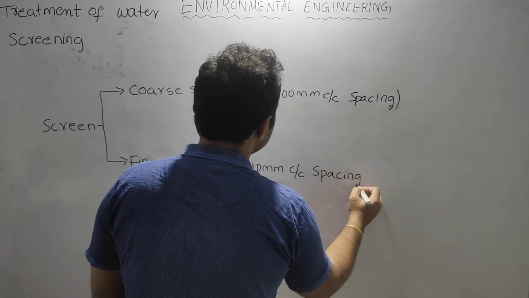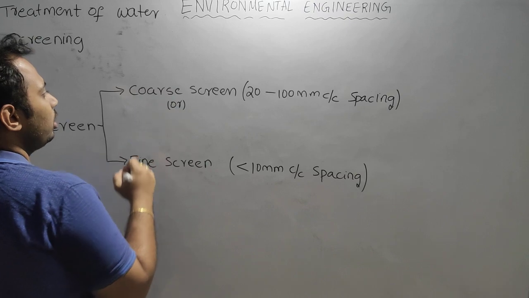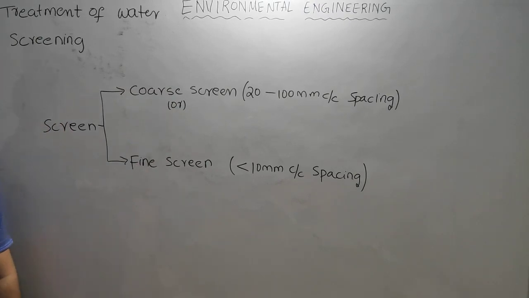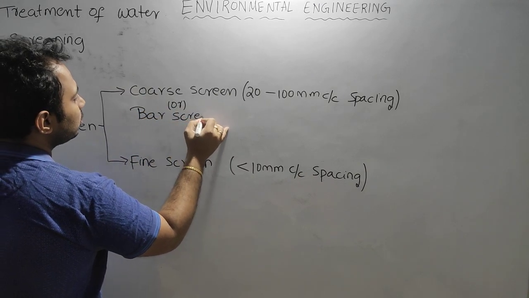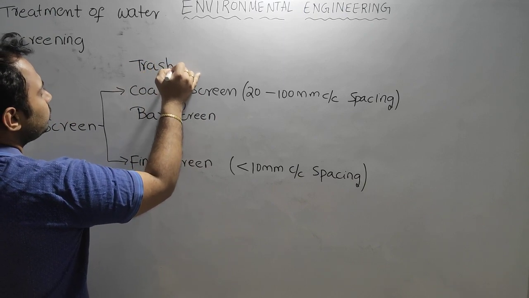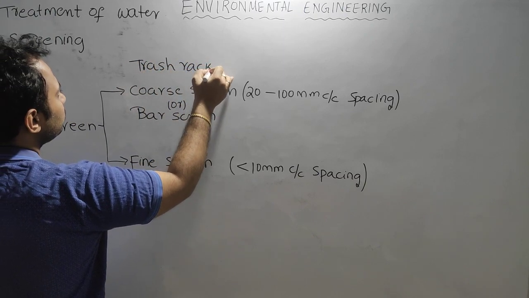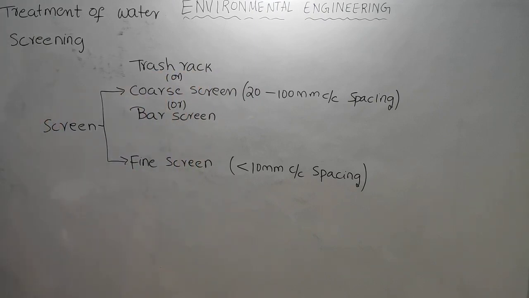Generally we use the coarse screen. Coarse screen is also called bar screen or trash rack. Generally we place the screens a little inclined.